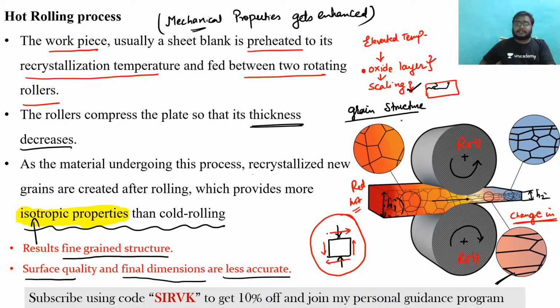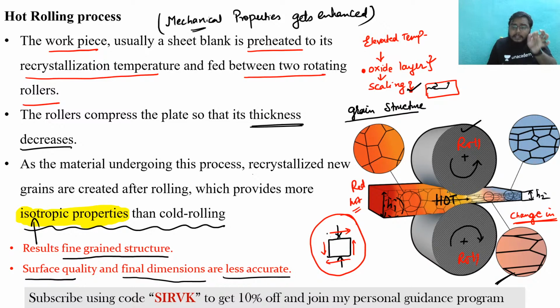Understand, one more point is there. This is the roll, and this is very hot. Now when the material is hot, can I say that roll marks will be there? Suppose something is hot, and you hit that hot thing with a hammer or anything, will the hammer mark remain on it? Yes or no? Tell me. Suppose you have a very hot material, and you are giving some kind of forces to it with the rolls.